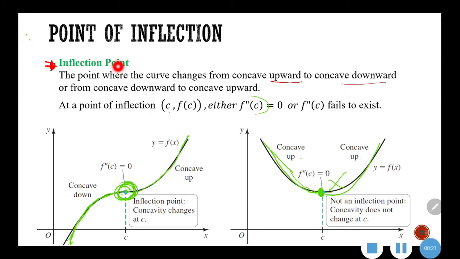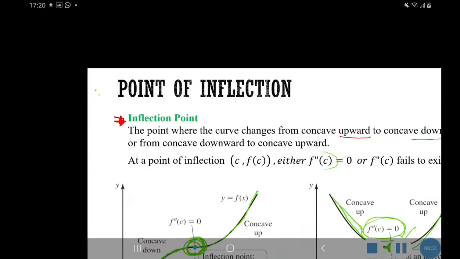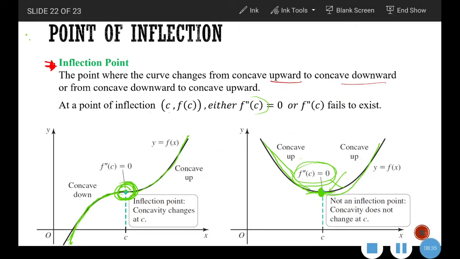Walaupun kat sini later we'll find out f double prime c is equal to 0. Apa maksud f double prime c tadi? Kat sini I'm explaining using the graph what it means by inflection point. Yang ni senang because you can just directly observe from the curve.